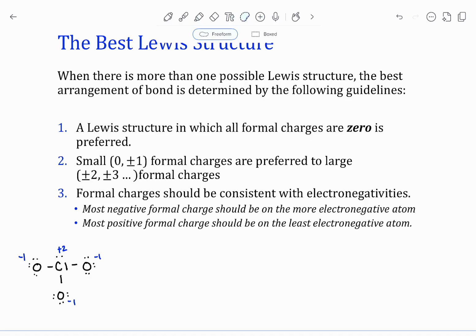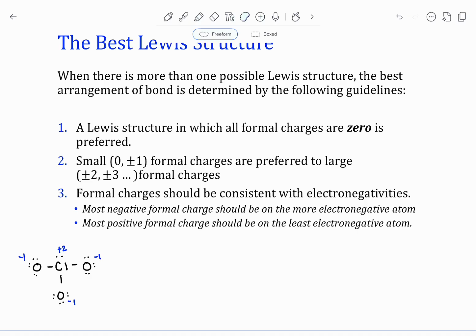We also want to have small formal charges. So if we're able to get formal charges to be 0 by moving electrons around, moving those lone pairs around so that we have a different number of associated electrons with that specific atom, then that is also preferred. We don't like to see large formal charges.